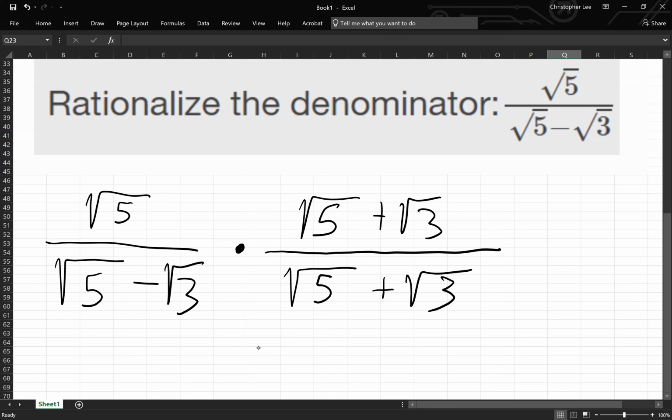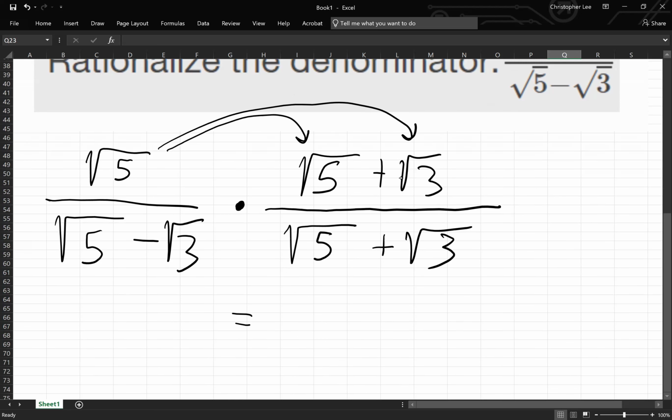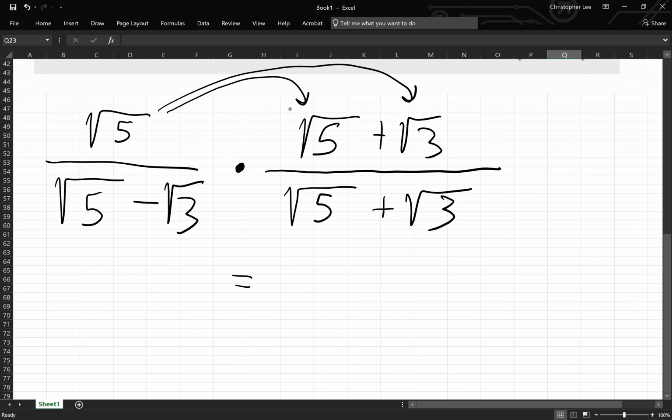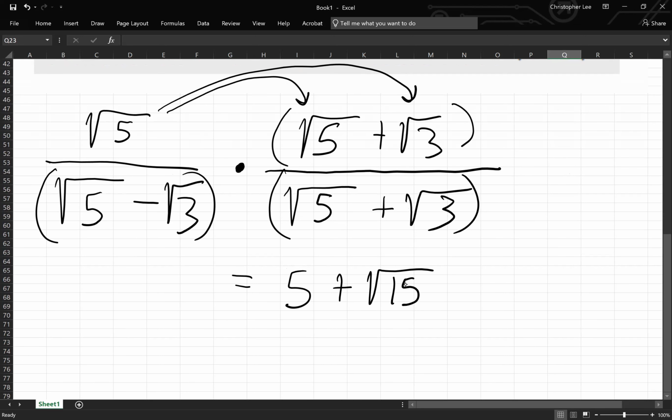Top is very simple. You know how we multiply fractions: we just multiply straight across. In this case, I'm just going to distribute this. Imagine that these are all in parentheses. So square root 5 times square root 5 is going to give me a positive 5. Square root 5 times square root 3 is going to give me a square root 15.